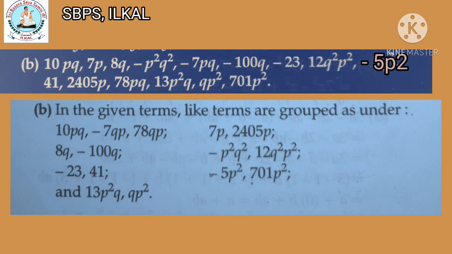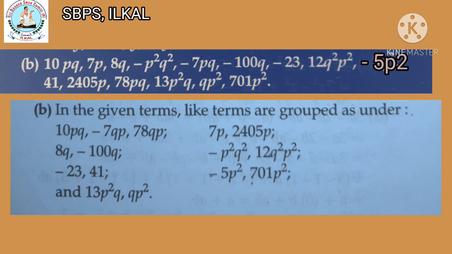The first group is 10pq, minus 7qp and 78qp. These 3 are like terms. Okay. 7p and 2405p. These 2 are like terms. 8q and minus 100q. These 2 are also like terms. Minus p square q square and 12q square p square.